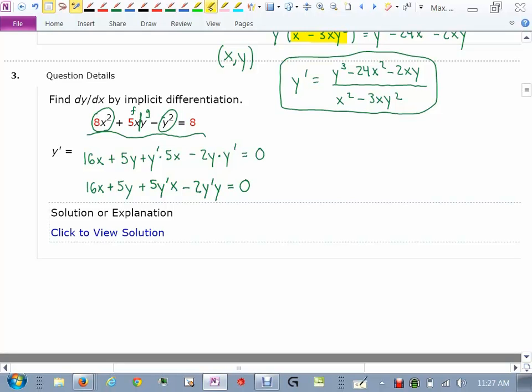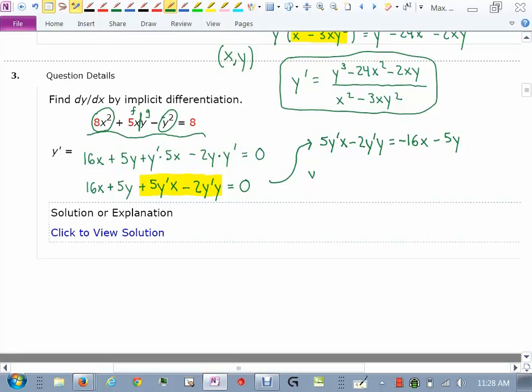Now I have two terms that have y primes in them, these two. So I'm going to take the other two to the other side. So I'm going to subtract those on both sides. So I have 5y prime x minus 2y prime y equals negative 16x minus 5y.